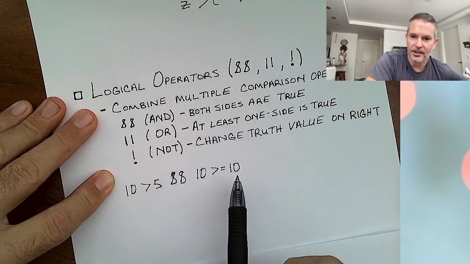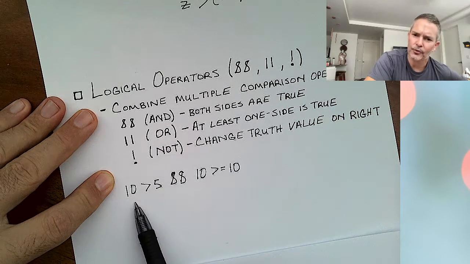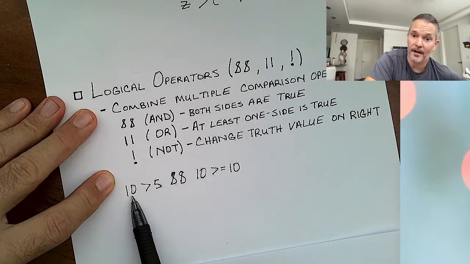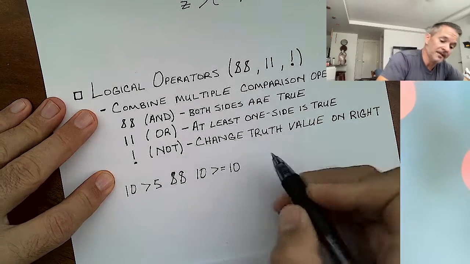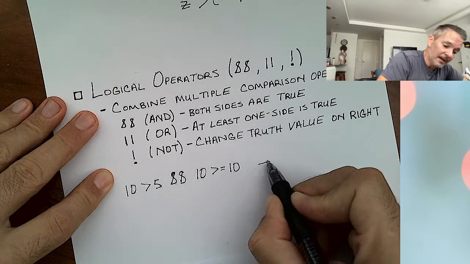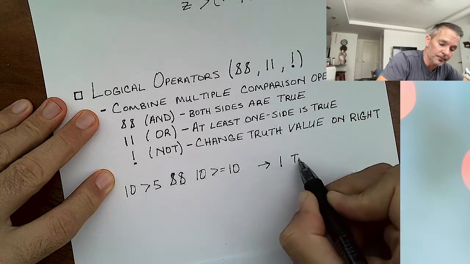So this expression is asking, are both sides true? Is it true that 10 is greater than 5 and 10 is greater than or equal to 10? Well, yes, that's true. So this entire expression will evaluate to 1, which means true.